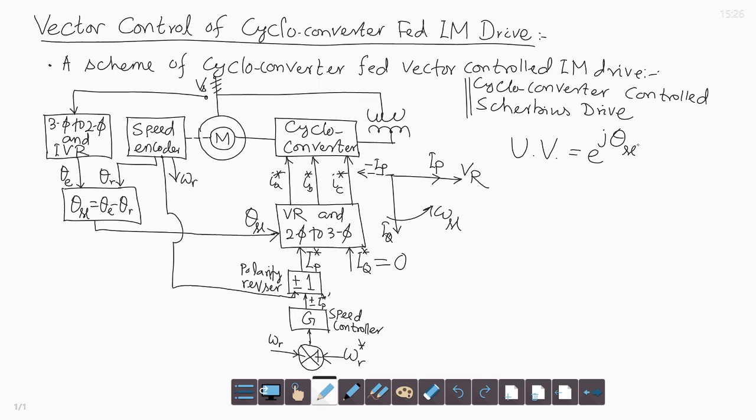So using this angle theta SL, the unit vector, the 3-phase current commands IA star, IB star, IC star are obtained for the current control of the cycloconverter. Then this theta SL is generated from supply voltage feedback, which generates the angle theta E through PLL, and then the speed encoder generates the angle theta R, then theta SL is theta E minus theta R, used as the unit vector. So, this is the scheme.